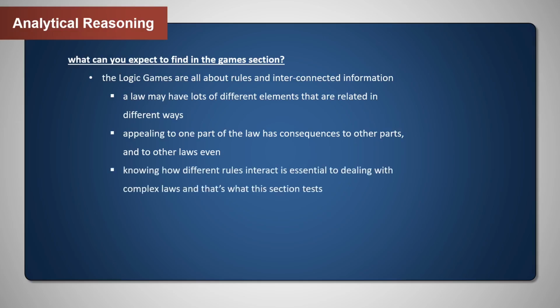So knowing how different rules interact is essential to dealing with complex laws, and that's what this section tests. This is one particular dimension of the type of skills that you'll need in legal study and in the practice of law. It's the more abstract, logical reasoning abilities, and that's what this section tests.